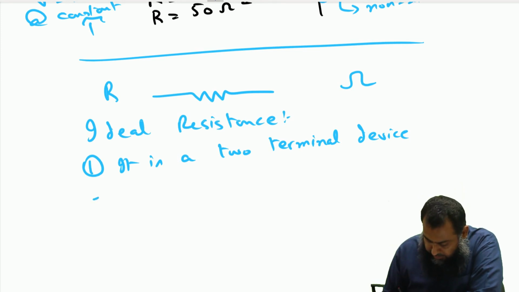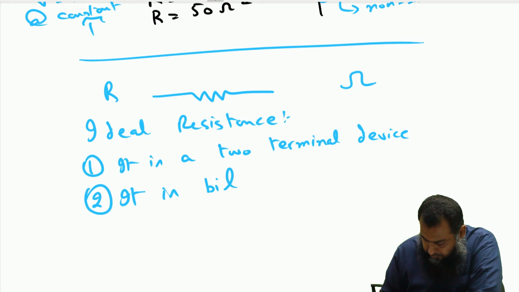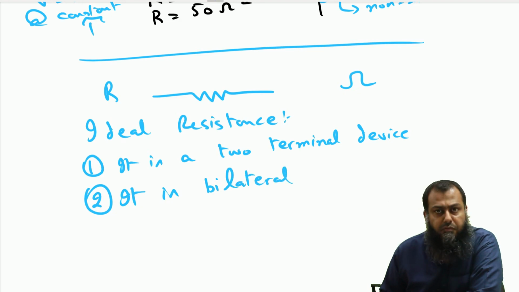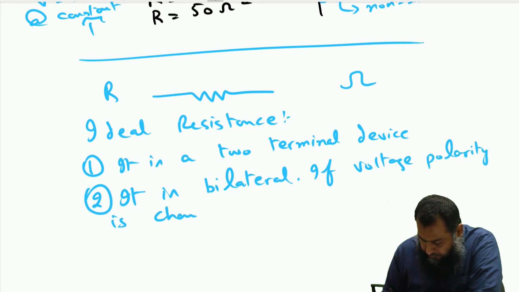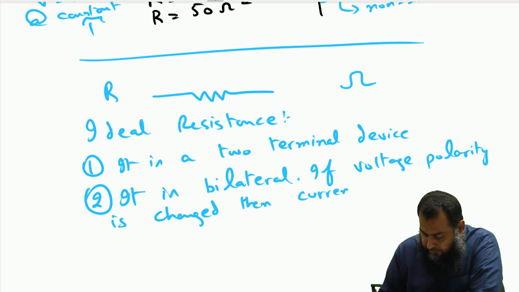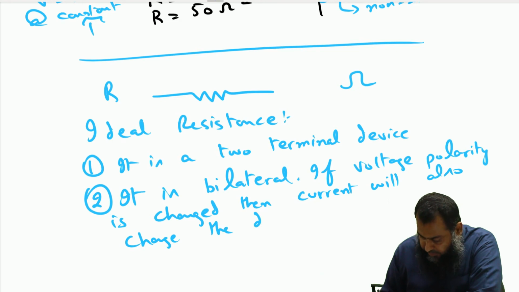The second thing here is that it is bilateral. What do we mean by this bilateral property? This means that if the voltage polarity is changed, then the current will also change direction.